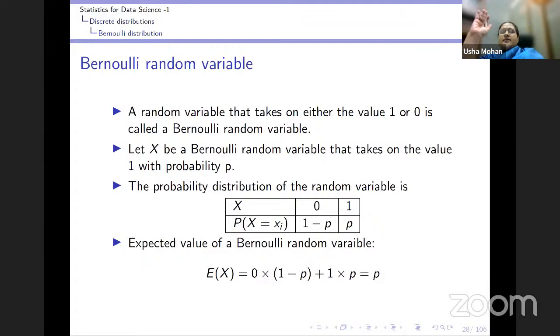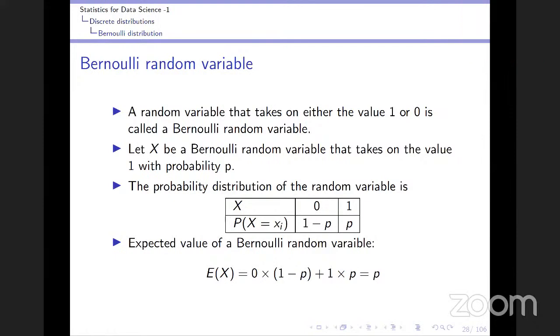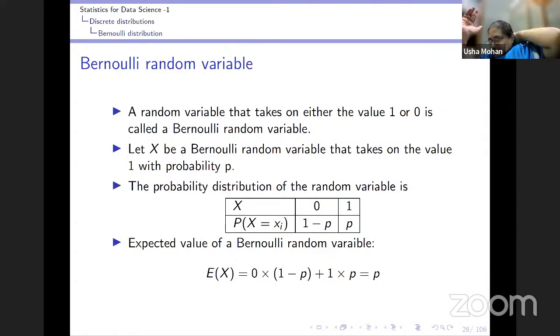The first basic one is, again, when I look at any experiment wherein I have only two outcomes, I call one outcome a success and one outcome a failure. For example, if I toss a coin, how many outcomes do I have? Two. I can call head a success and tail a failure, or tail a success and head a failure.